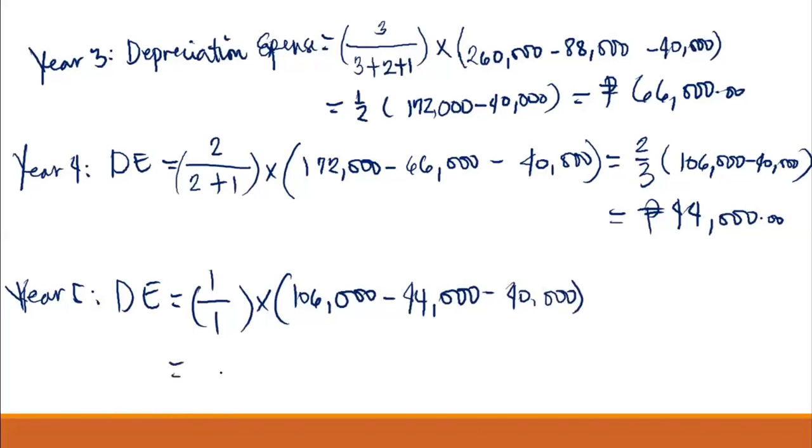So this is now equal to 22,000 pesos. All right. So the organization can opt for one or more methods of depreciation according to its accounting policy, business type, or the strategic approach and the asset type. All right. So those are the different types of depreciation methods.